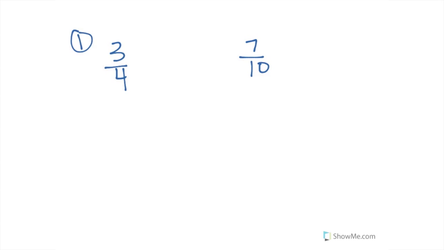Okay, so here's question number 1, number 2, and number 3. 1/3. Okay, what I'm going to ask you to do is to please convert these fractions into percents. Remember, a percent is always out of 100. Okay, so I'm just going to give you some time, work it out, and see if you have the answers correct in just a moment.